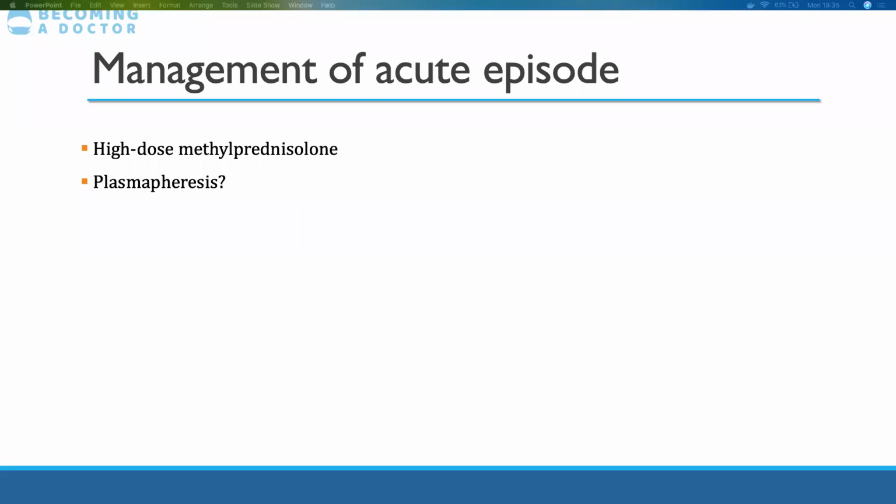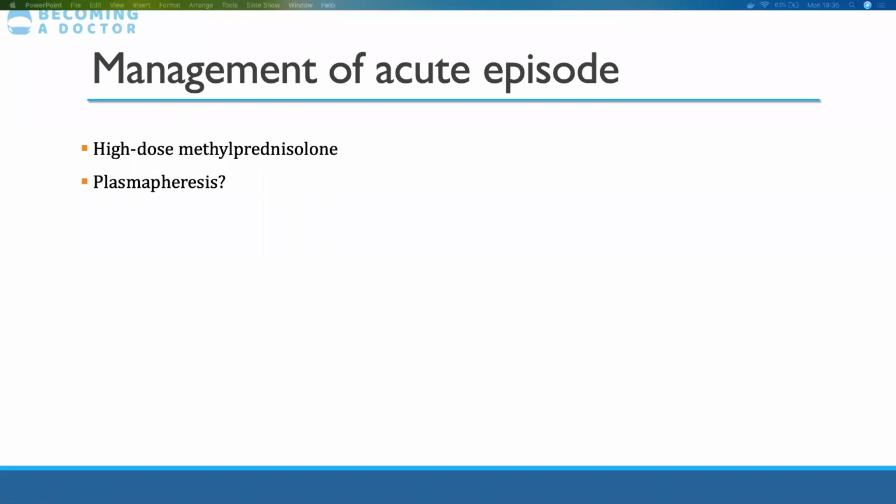However, let's say for some reason the severity of the symptoms isn't being managed properly by the methylprednisolone, at that point they can be referred to the hospital. And if it is refractory to steroids, so it's not working, at that point they would consider plasmapheresis as an option.